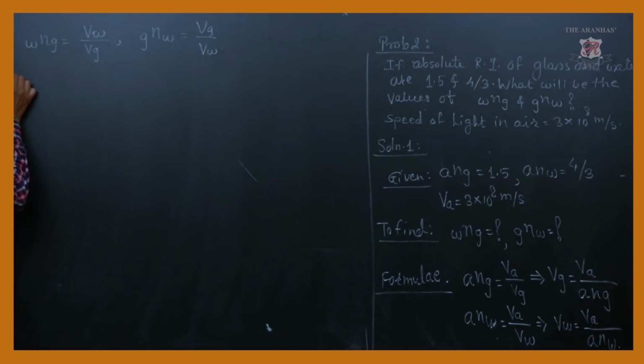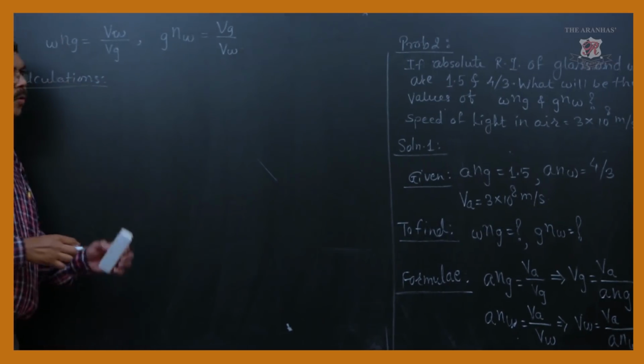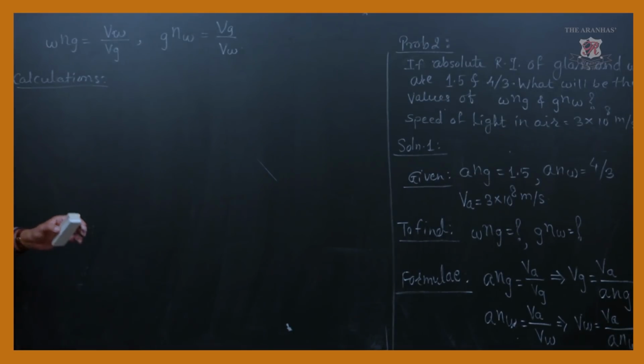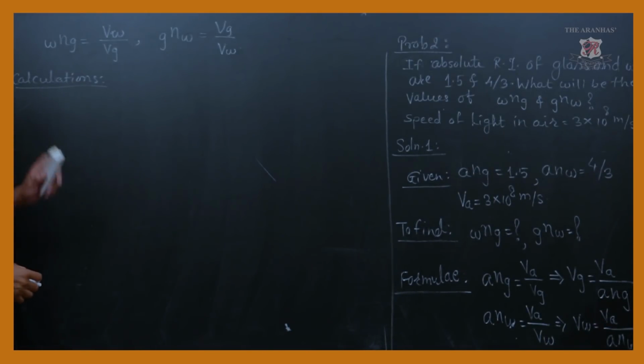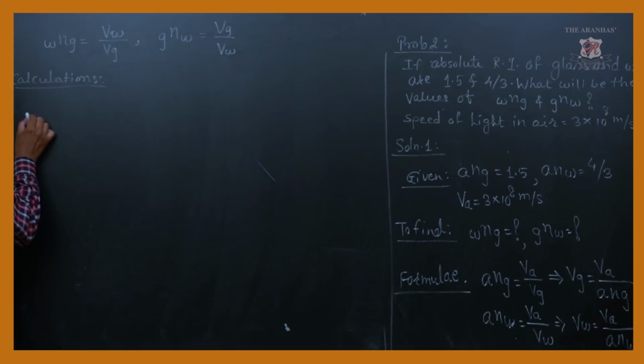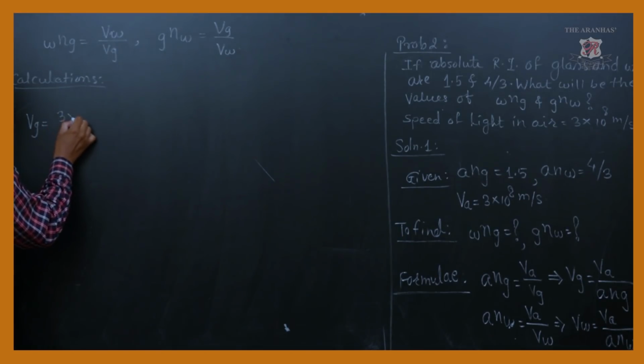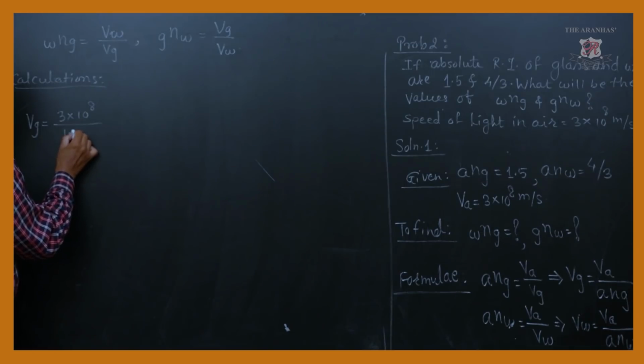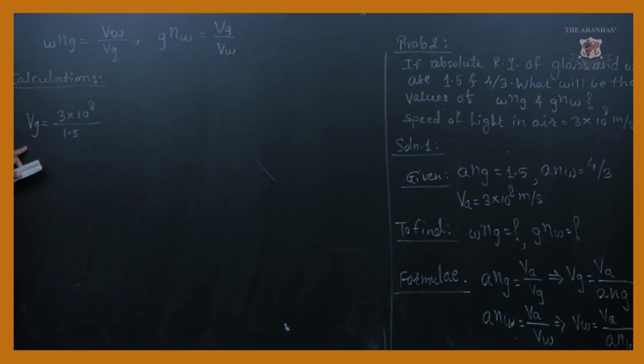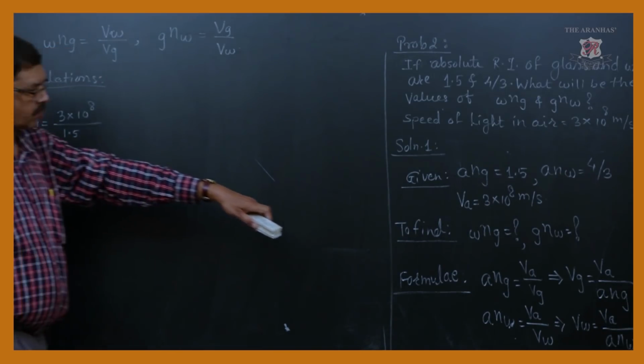What are the calculations? I am giving you a hint for this. Try to do the calculations by yourself as homework. From these formulae, first find Vg. I am just substituting the values and keeping the calculations for you. It is 3 into 10 raised to 8 upon 1.5. Vg we have already generated from the first formula.